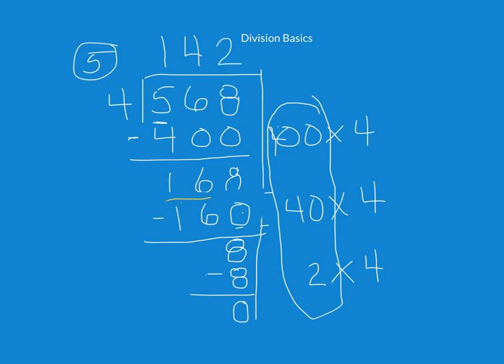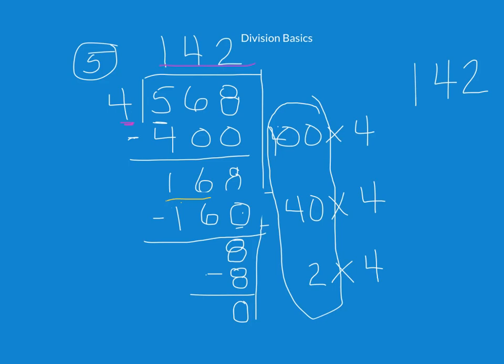So if I had 4 groups, there would be 142 in each group, or it could be that I have 142 with 4 in each group. Either way, I want to multiply in order to check my work. So I multiply the divisor, the 4 groups, times my quotient, the 142.